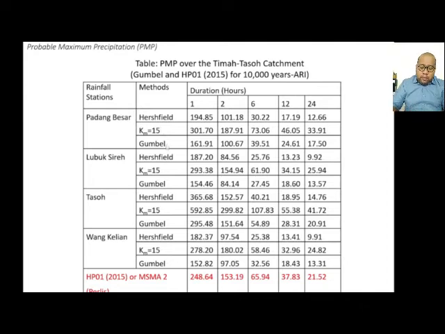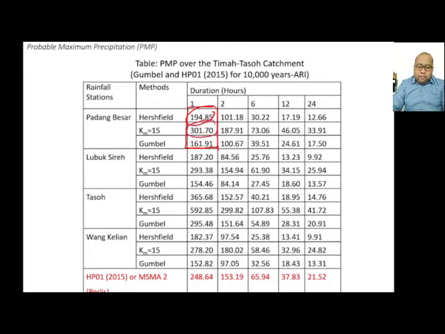If we look at the duration of 1 hour at Padang Besar, you can see the Hershfield is around 194. But if you use Km equal to 15, the value is much greater.